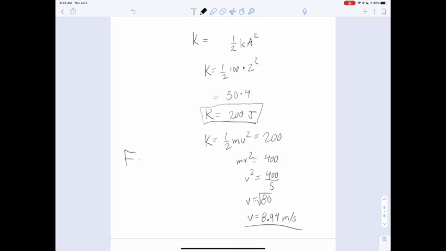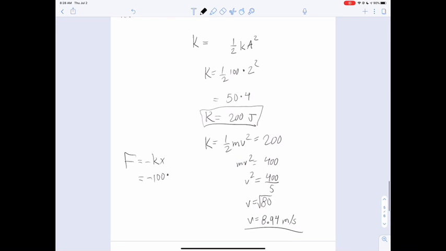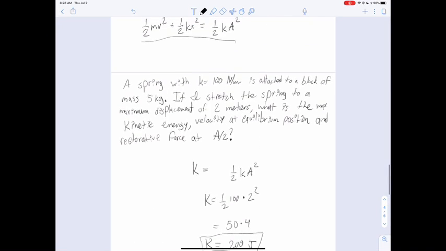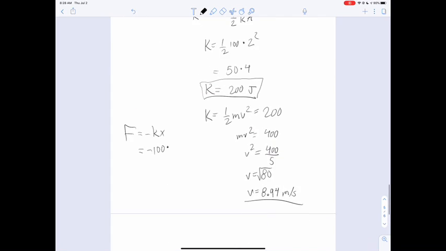So k is 100, and A is equal to 2 meters, so A over 2 is just 1 meter. So our restorative force is negative 100 newtons. This makes sense to us because the fact that it's negative makes sense because our amplitude is positive to the right, so our spring is stretched to the right, so our force wants to go to the left.